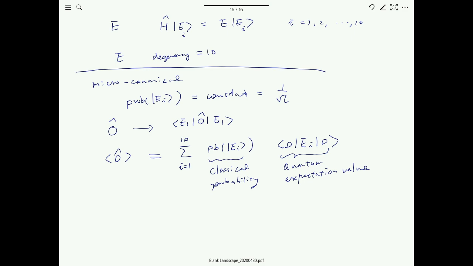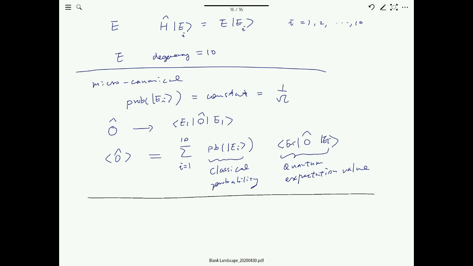If you consider the microcanonical example, you have to count the degeneracy level for that particular energy, and each one has a uniform probability, say 1 over omega. And then once you pick the specific EI state, you have EI sandwich O operator, which is a quantum expectation value. For this part, you should go back to your quantum mechanics and understand the meaning of a quantum expectation value.